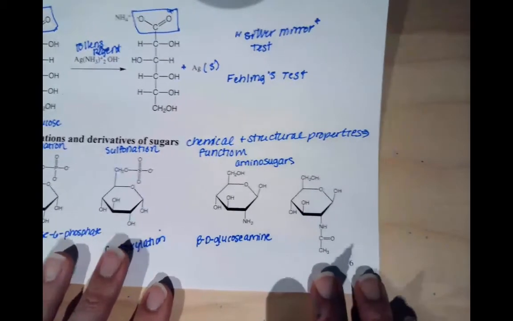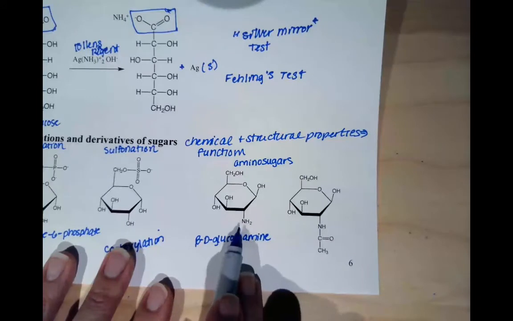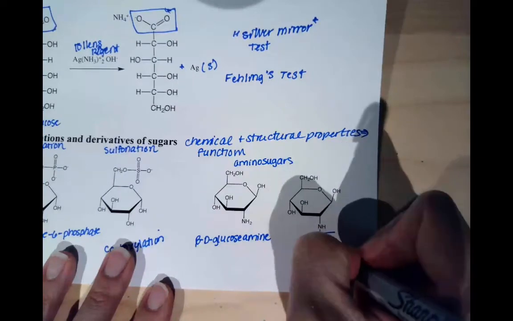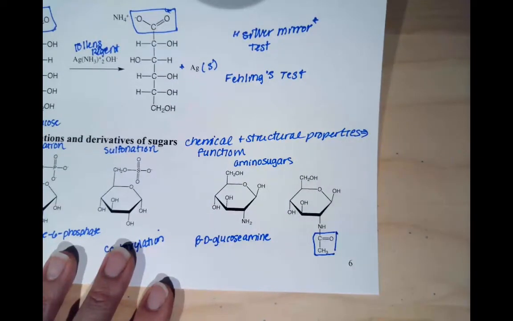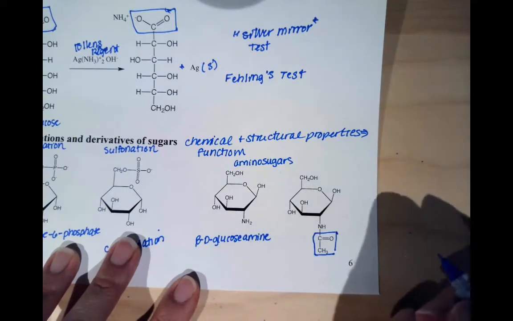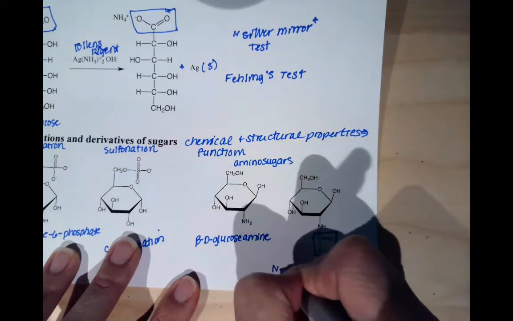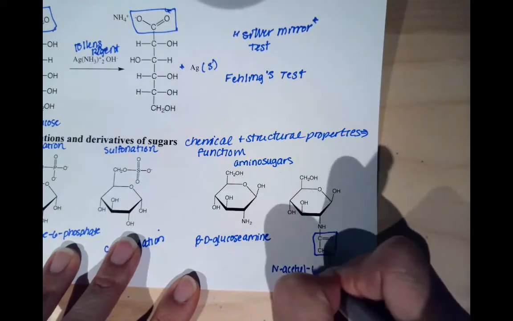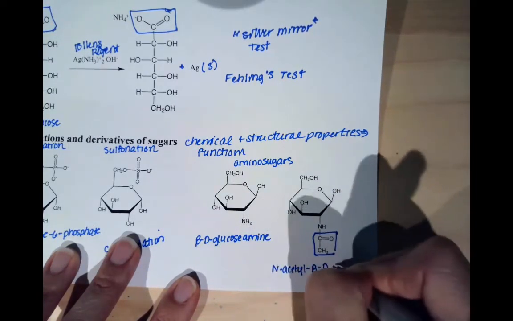And that amino group can be further modified, so it can be acetylated. So here's an acetyl group attached to it. This says N-acetyl beta D-glucosamine.